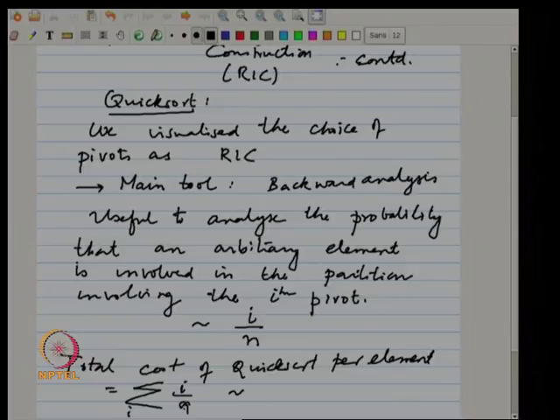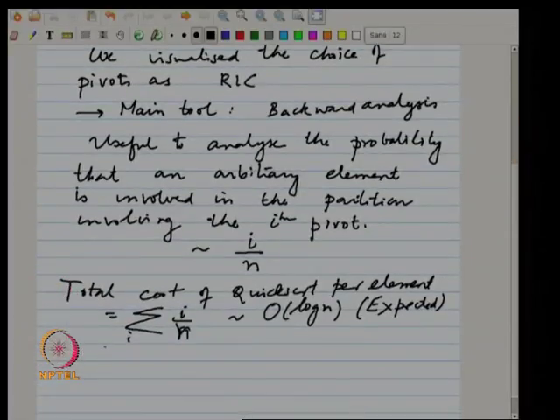This is again log n. This is expected, of course. So, for the n elements, it is n log n.